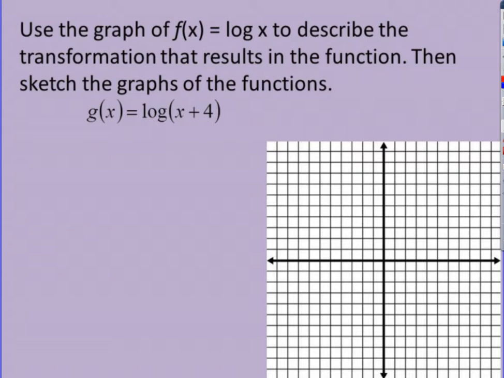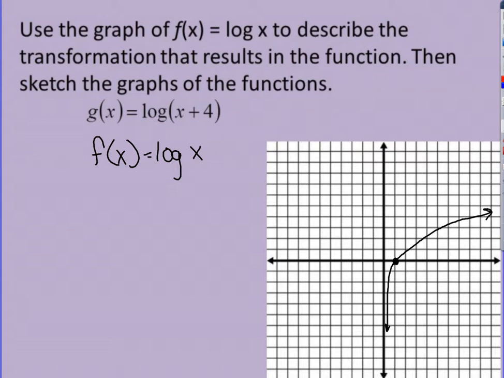So on just a regular log function, if my f of x is log base 10 of x, we know we are going to cross at 1, 0. We know we're going to get close to the y-axis here, and we're going to go up to the right. Now we can use our same transformation functions that we used with our exponentials and with algebraic functions.